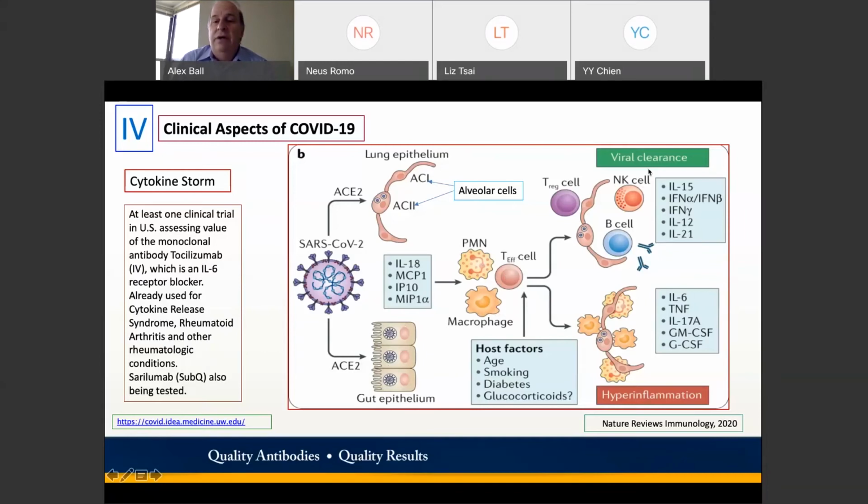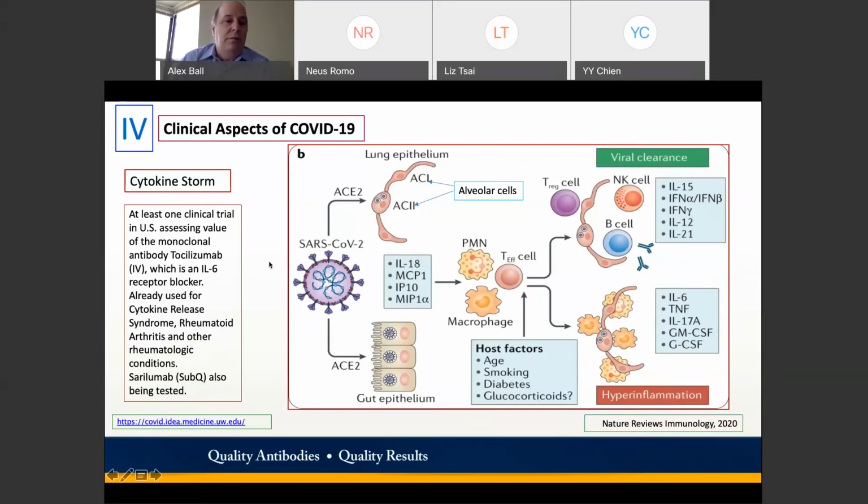If you get viral clearance, what you see is maintenance of this diverse immune response. However, in the more severe case where you get hyperinflammation, this pro-inflammatory response with lots of release of IL-6, you're seeing primarily macrophages and neutrophils, PMNs, in the response with the lymphopenia.